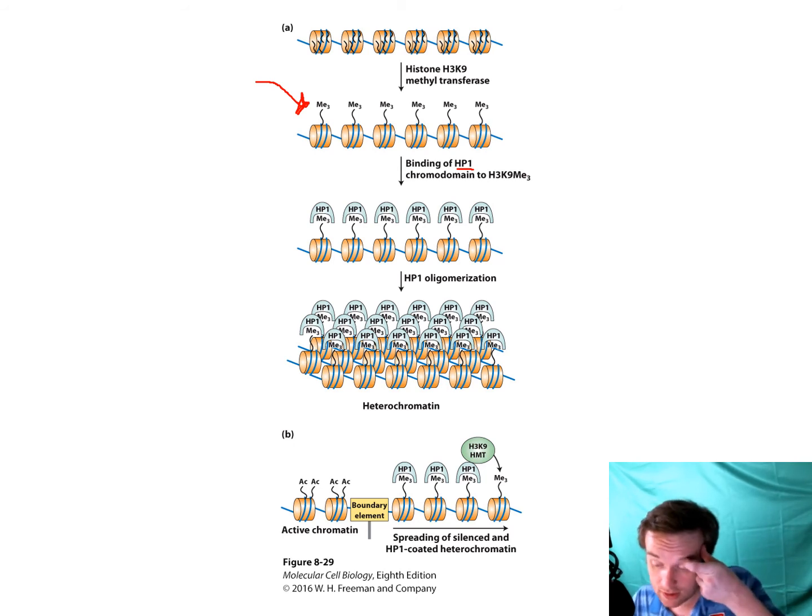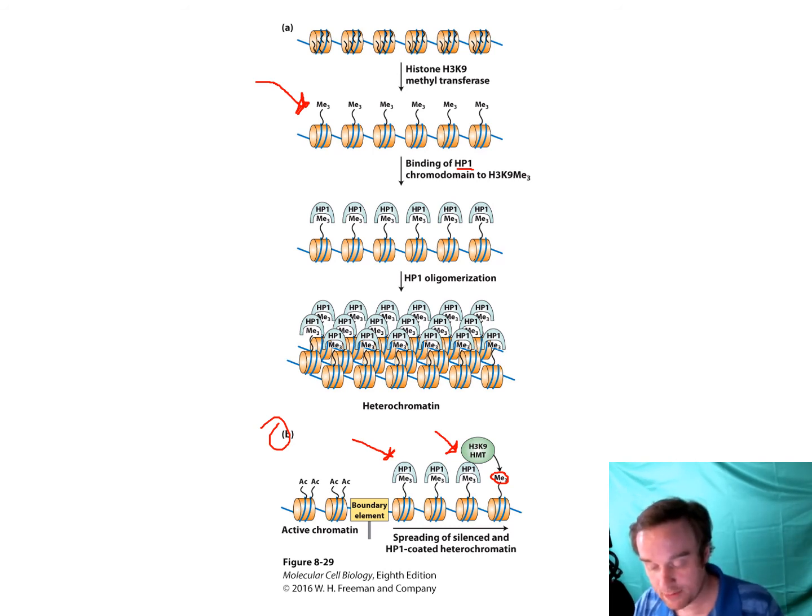And so there can also be spread of this heterochromatin formation. If we look down here at B, we see that we have this HP1 that has bound to a methylated histone tail, that lysine number 9. And further down here, at the end of this nucleosome chain, we have a methyl group that is not bound to an HP1 protein.